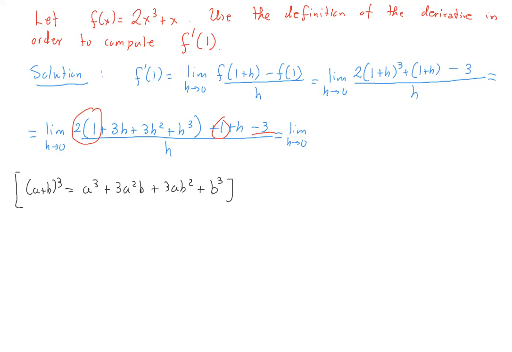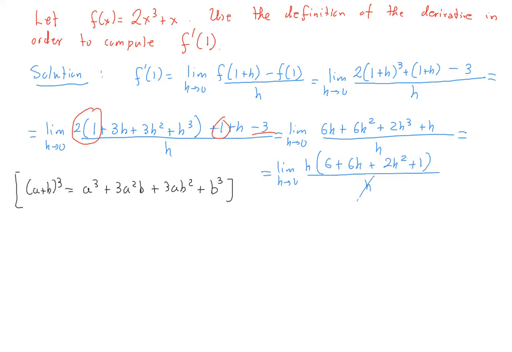So you will have just 6h plus 6h squared plus 2h cubed plus h, divided by h. So now you factor out an h, and you get 6 plus 6h plus 2h squared plus 1, divided by h.